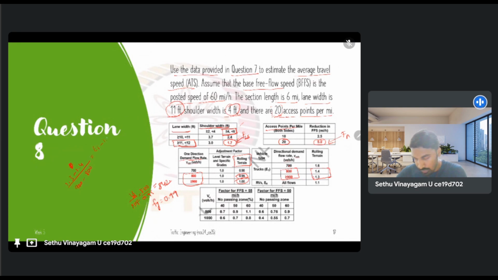There won't be much change, only in the third decimal, so we can take ET as 1.4 because it's closer to 800. Similarly, ER doesn't depend on your flow rate. For all flows it is 1.1. So ER is 1.1.